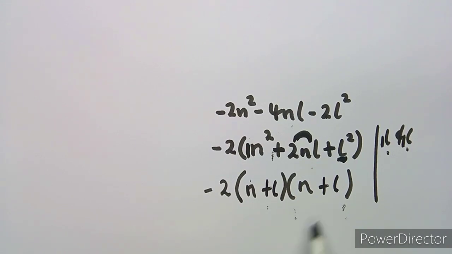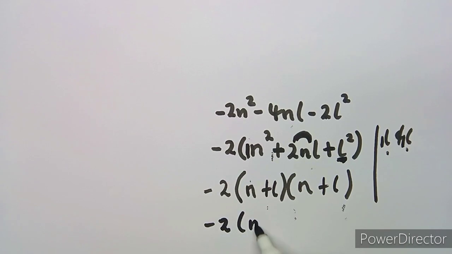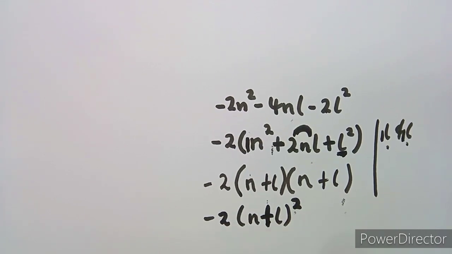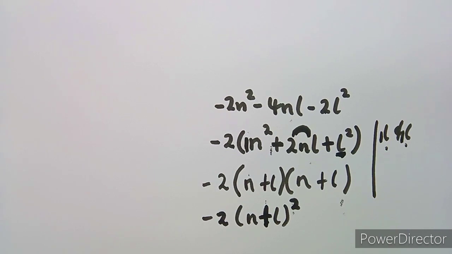You can write this as minus 2 into n plus l to the exponent of 2, since it is appearing 2 times. So you can actually leave it like that. It's not a forced matter. You can leave your answer at the previous stage, or you can leave it here.